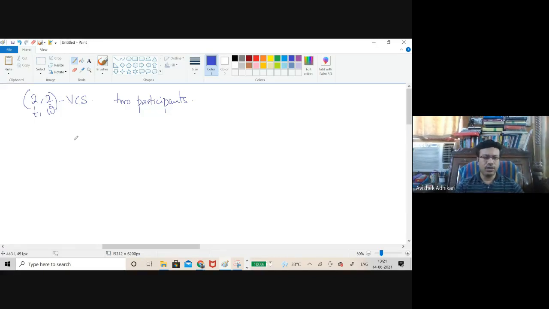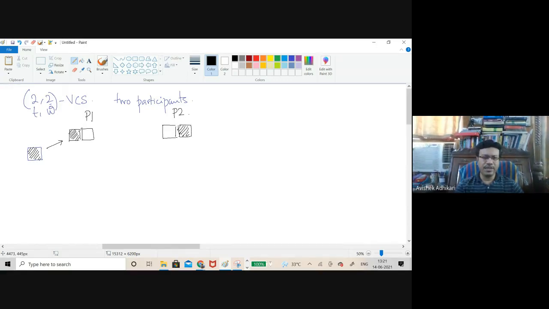Okay, so let us try to understand how it is being done. Suppose this is my black pixel, and the dealer wants to give this black pixel among 2 participants. Say this is participant 1 and this is participant 2. What is the dealer going to give? For the first participant, 2 pixels: 1 black, 1 white. Similarly, for the second participant, he gives 1 white, 1 black pixel.